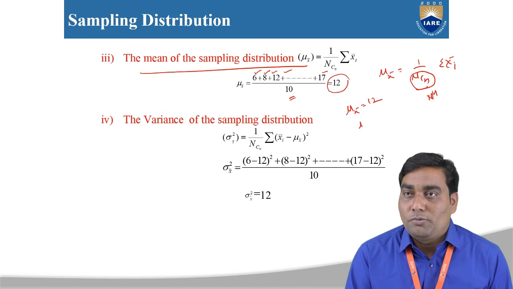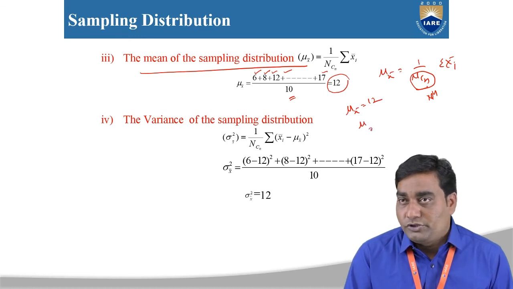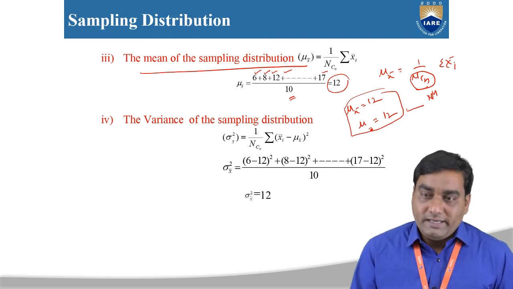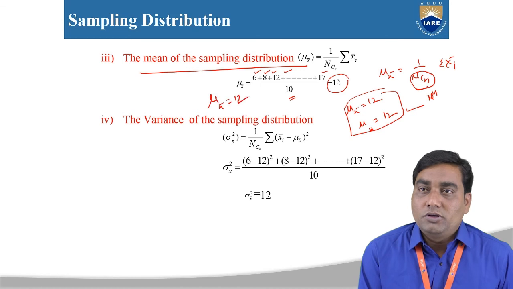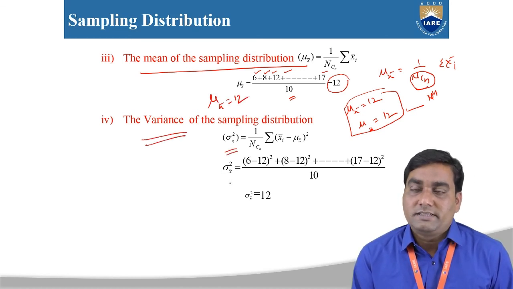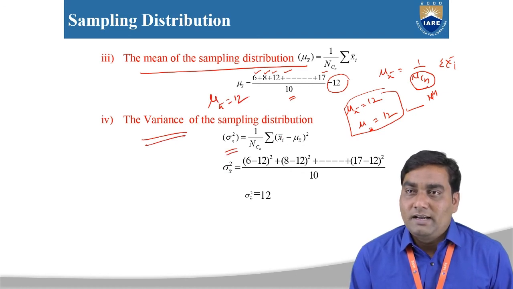And in this problem, the first sub-question is mu, which is also 12. Mean of the population and mean of the sampling distribution are always equal. After getting mu x bar equal to 12, we can find the variance of the sampling distribution, which is sigma square x bar, formula: 1 by NCn sigma of xi bar minus mu x bar whole square, where mu x bar equal to 12, and xi bar is 6, 8, 12, and so on, 17.